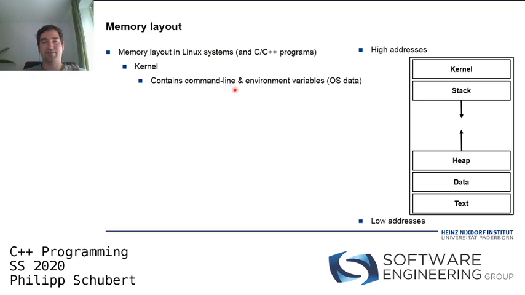So if you write a main function, you can use the signature where you have an integer argc as a first argument, and as a second argument a character pointer argv, and when you call your program, your operating system will put all the command line arguments that you are calling your program with into that section of memory here.